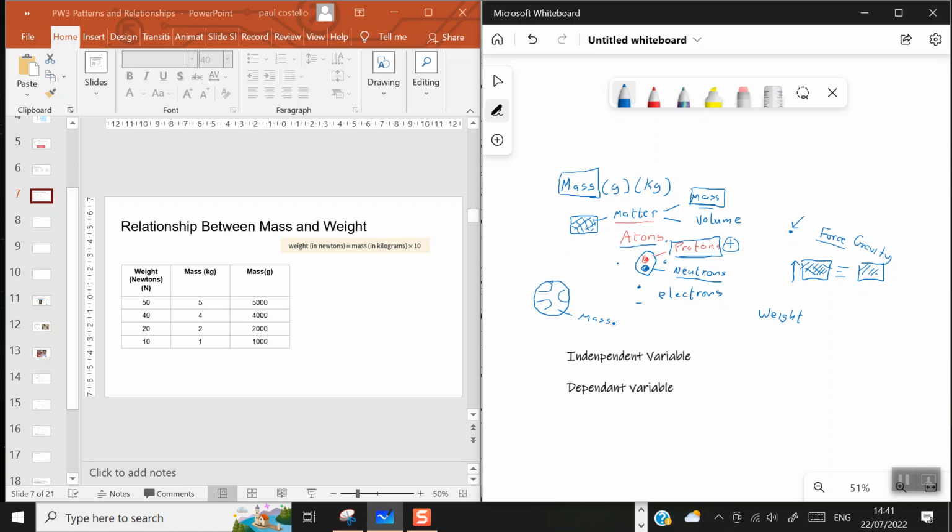Because it has such a big mass, it has a big source of gravity as well. And gravity is a force, and we measure gravity in newtons.